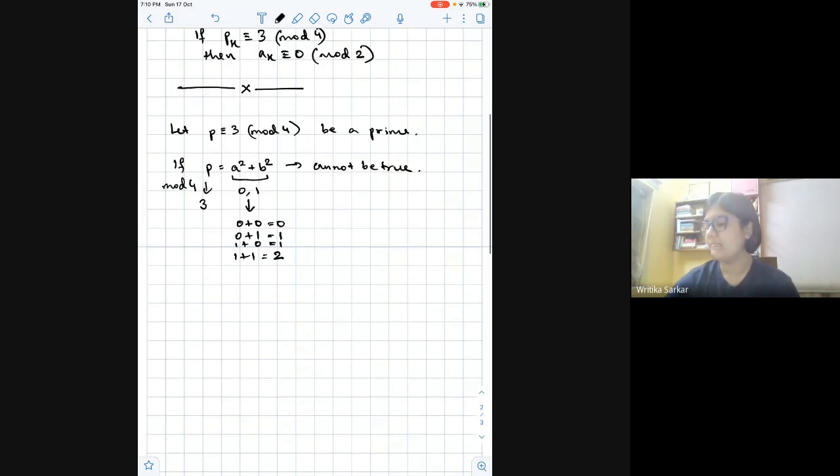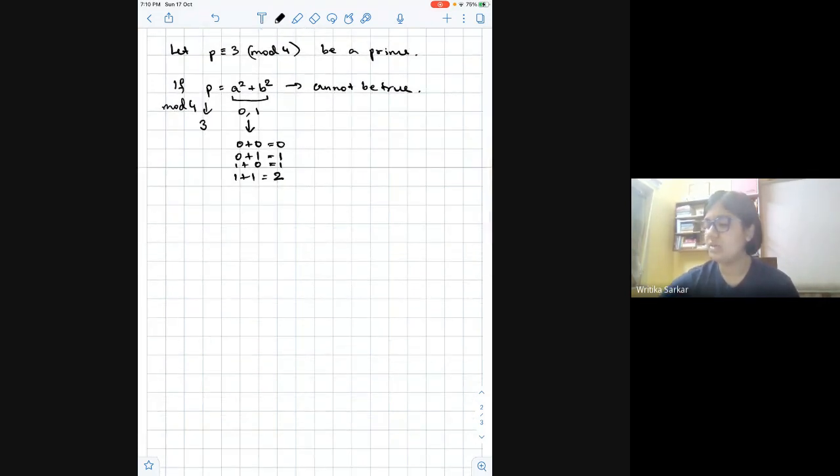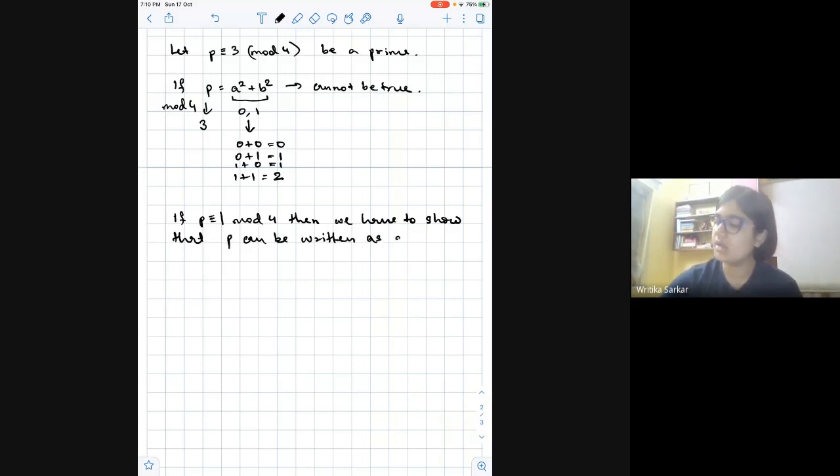right? All right. So the only thing we need to prove is that if P is congruent to 1 modulo 4, then P can be written as a sum of two squares.